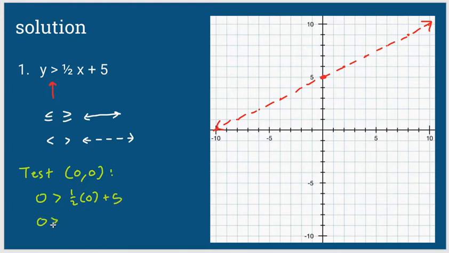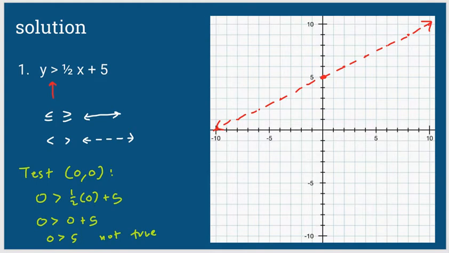So 0 is greater than 1/2 times 0, which is 0, plus 5, and that gives me 0 is greater than 5. That is not true. And so that tells me that 0, 0 is not a solution to this inequality. It should not be in the shaded section of my solution.